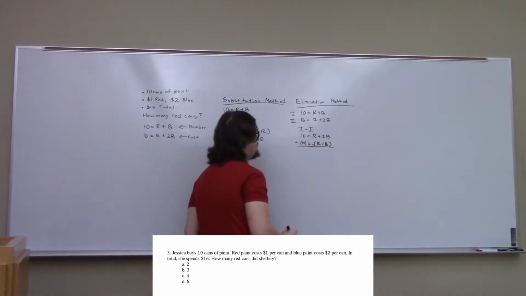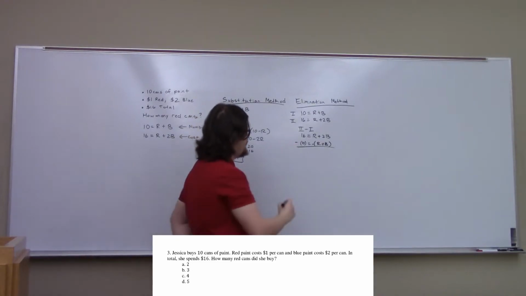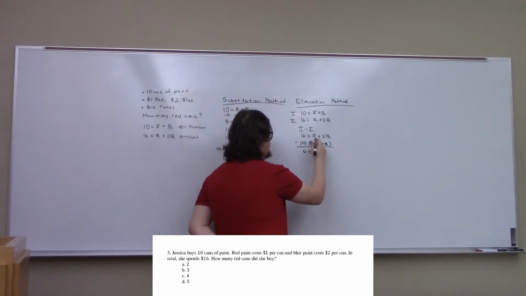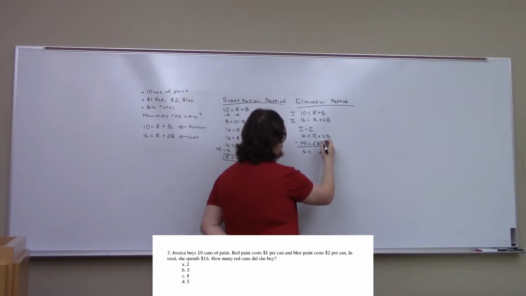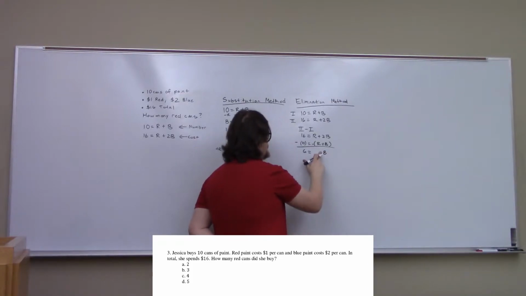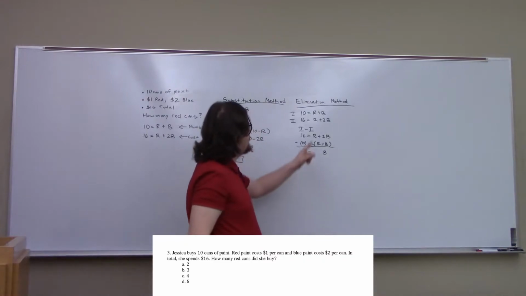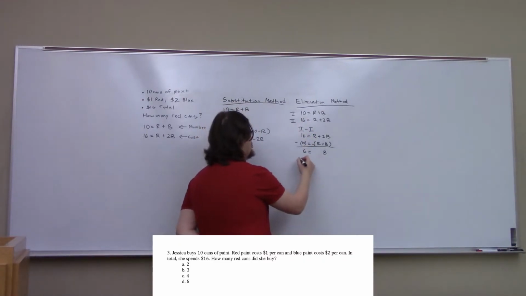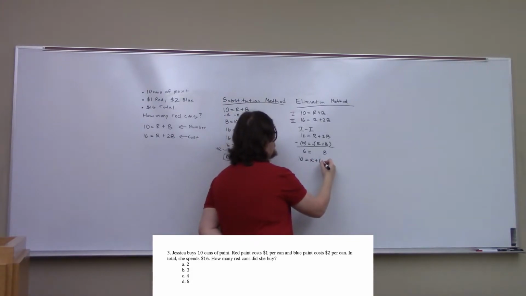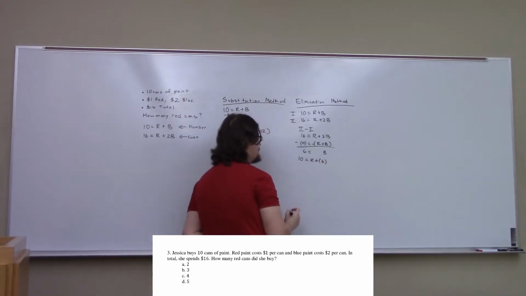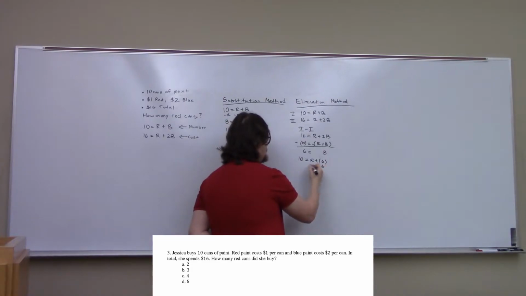We subtract vertically, so 16 minus 10 is 6, r minus r gives 0r, and 2b minus b is b. So there we have b is equal to 6. Then if we take our original equation, 10 is equal to r plus b, and plug in b as 6, and subtract 6 from both sides, we find that r is equal to 4.